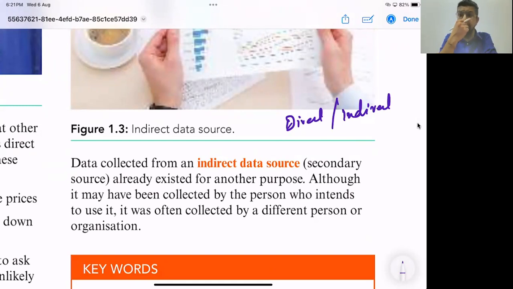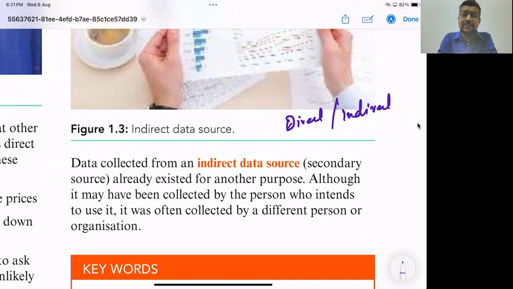Maybe the first purpose is only about how many users are using the WhatsApp application, for example. If they collect the data for that, and WhatsApp introduces another application and uses the same data for that purpose, it is called an indirect data source.